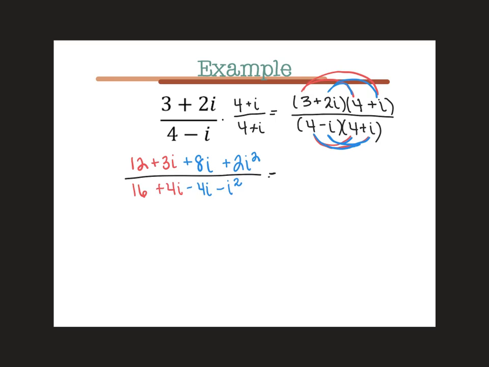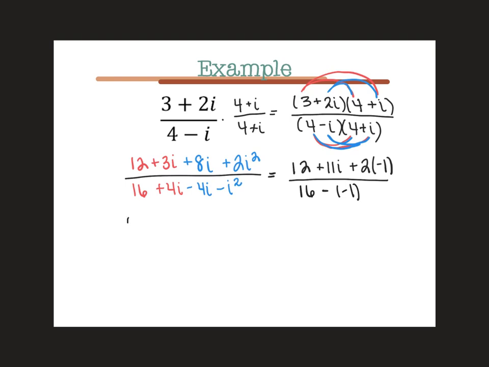I can simplify, so I have 12. 3i plus 8i is 11i plus 2, and i squared is really negative 1. In the denominator, I have 16. The 4i's cancel out, and I have negative, and i squared is negative 1.